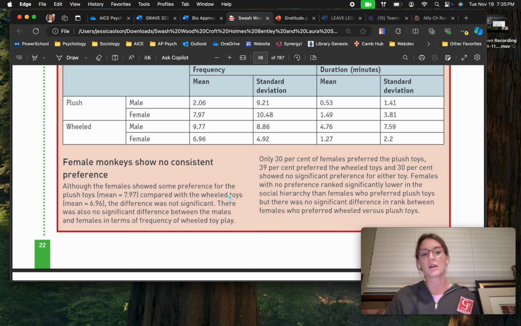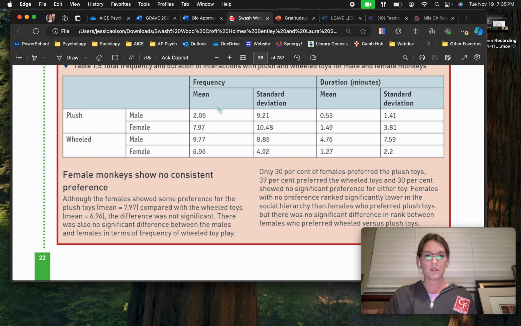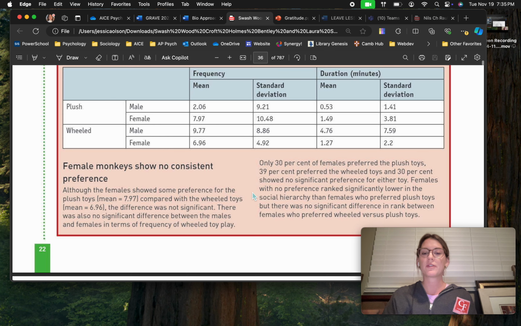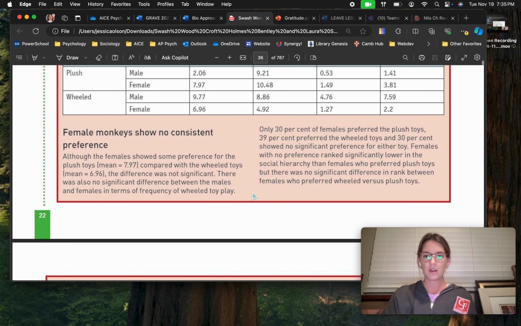Although the females showed some preference for plush, it wasn't statistically significant. There was also no significant difference between the males and females in terms of frequency of wheeled toy play. Only 30% of females preferred the plush toys, 39% preferred the wheeled toys, and 30% showed no significant preference for either toy.